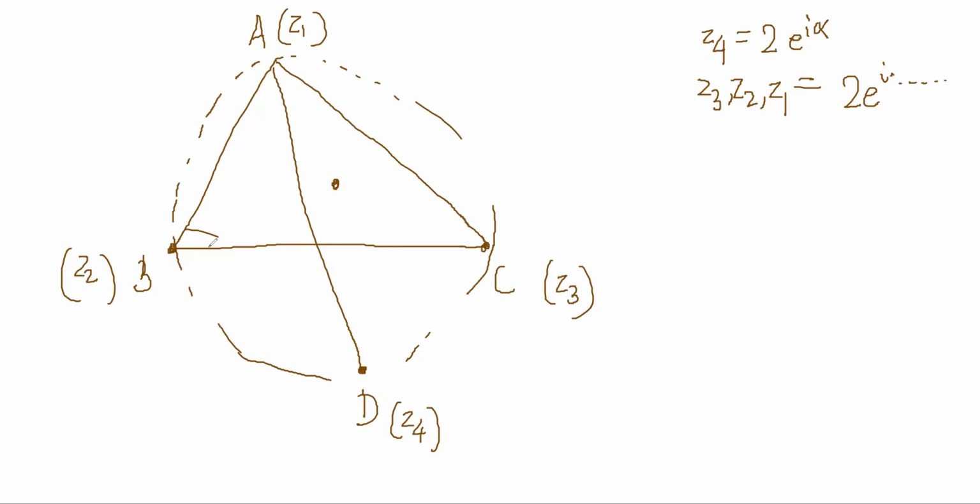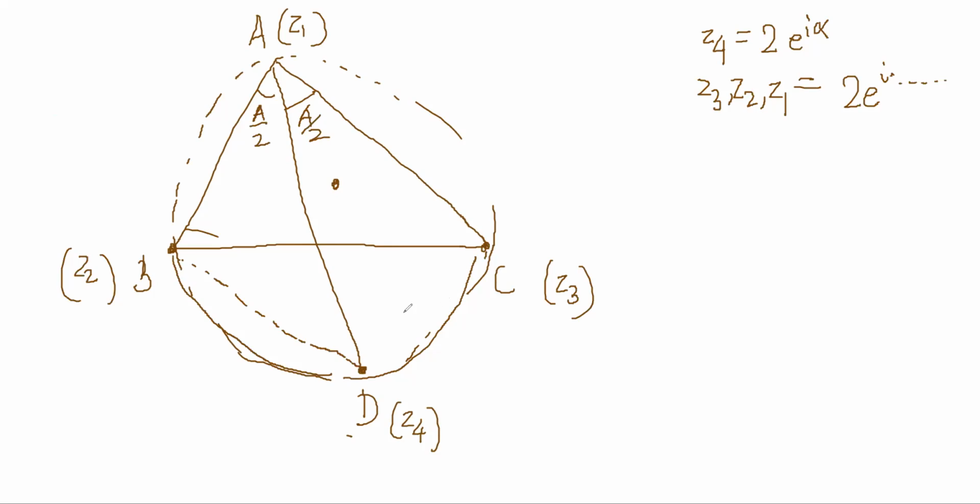So this is half A, that is A by 2 and A by 2. Then basically this D is the midpoint of the arc BC, no?